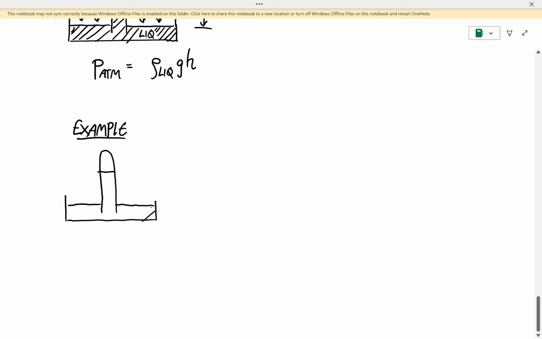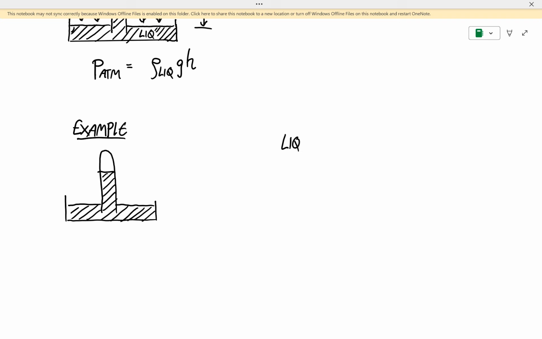Let's say that we're at some altitude and we want to measure the barometric pressure. So we take this barometer, and we have to know what that liquid is.